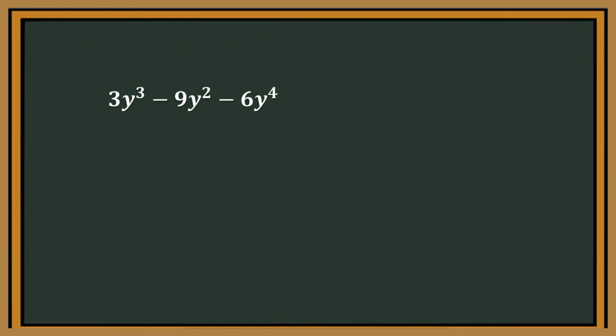Let's have here another example. 3y cubed minus 9y squared minus 6y to the fourth. Let us find the greatest common factor of this expression one by one. Let us start with the coefficients. Greatest common factor of 3, negative 9, and negative 6.